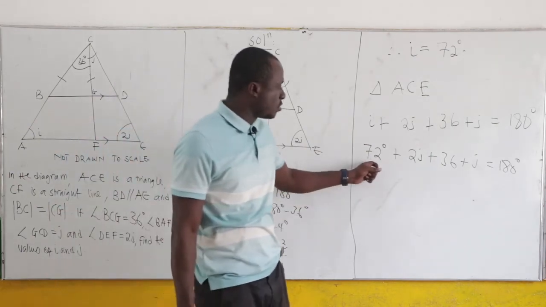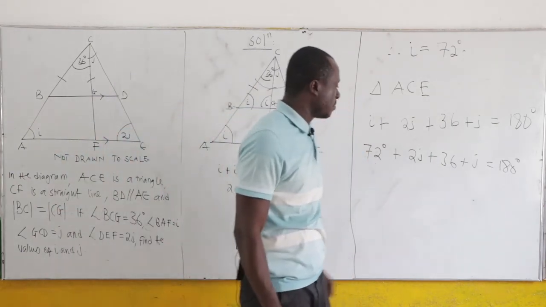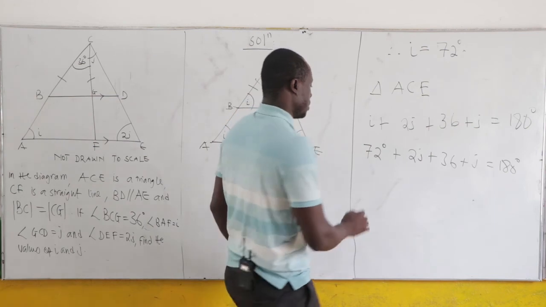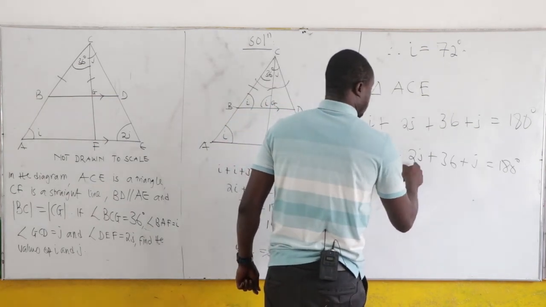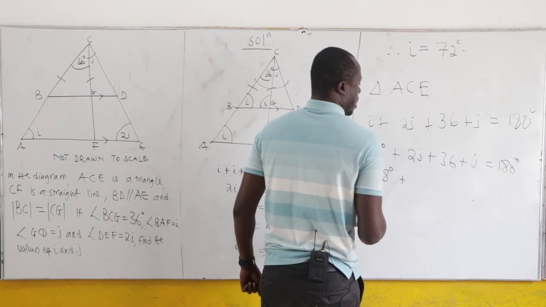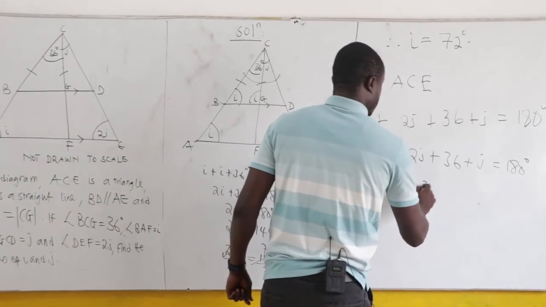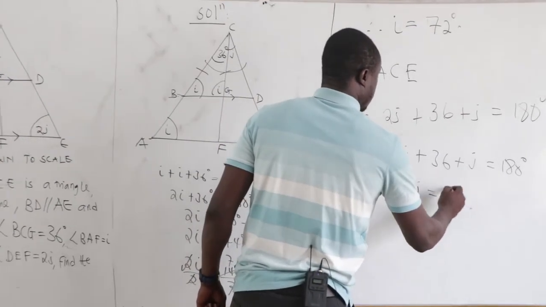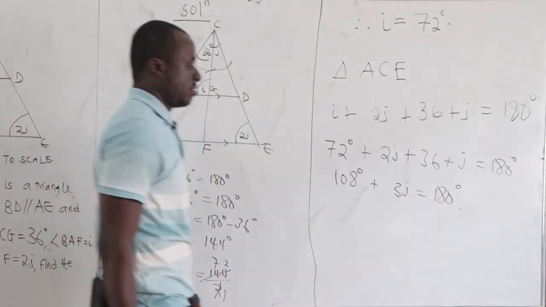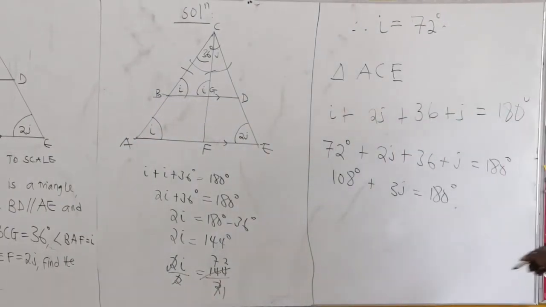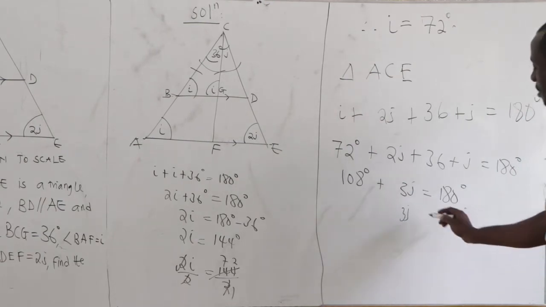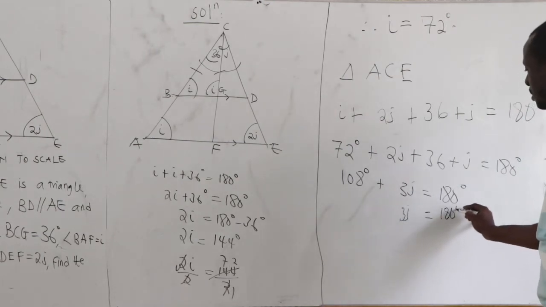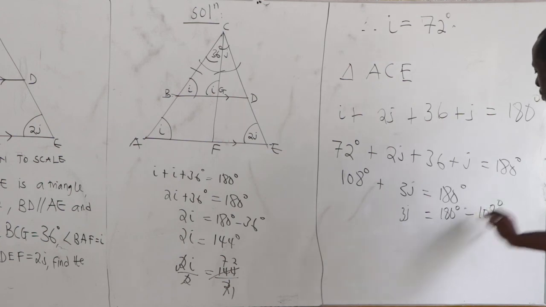Now what is 72 plus 36? This is just 108 degrees, plus 2J plus J, that's 3J, equal to 180 degrees. So the 108 has to move to this side. So you have 3J equal to 180 degrees minus 108 degrees.